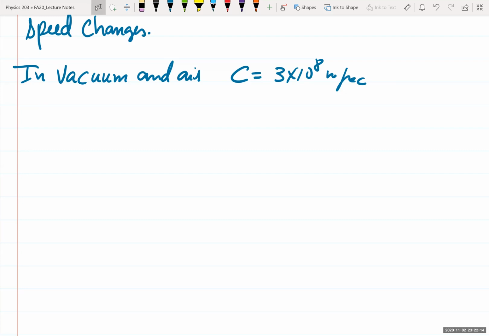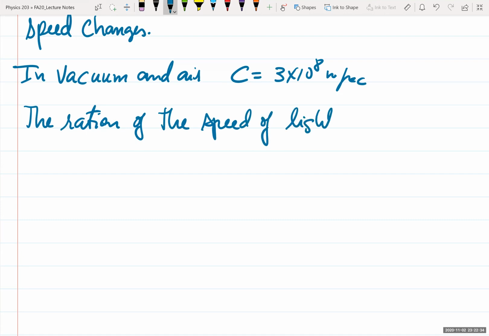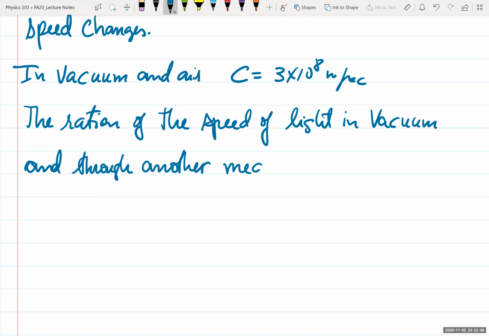Okay. The ratio of the speed of light in vacuum to the speed of light inside a medium is what we call the index of refraction. Okay, so the ratio of the speed of light in vacuum and through another medium is called the index of refraction.